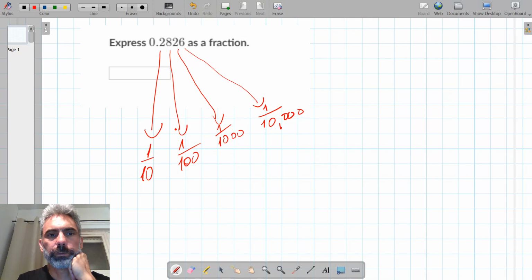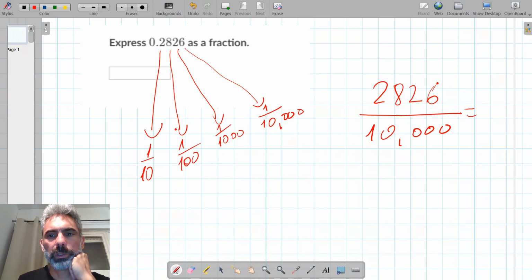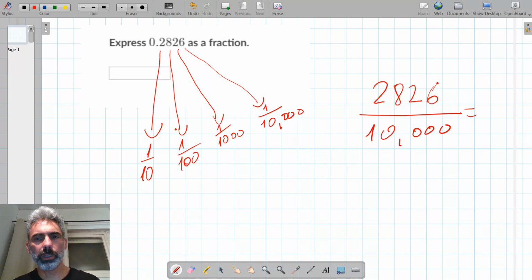So if I want to express this decimal as a fraction, it is 2826 over 10,000, and I guess we can simplify this if we divide both the numerator and the denominator by 2.